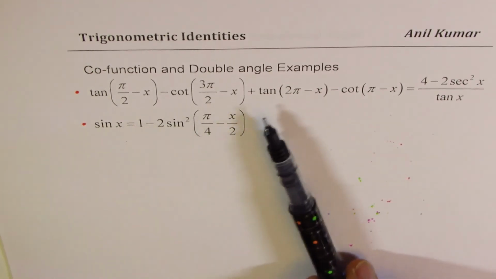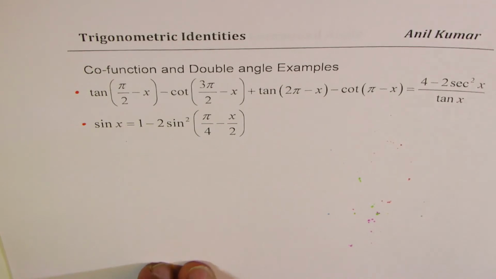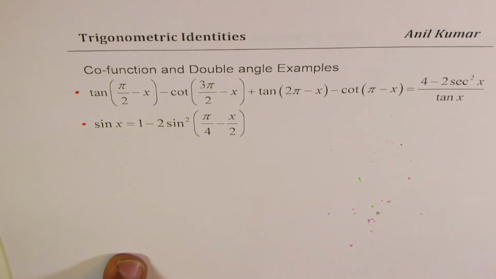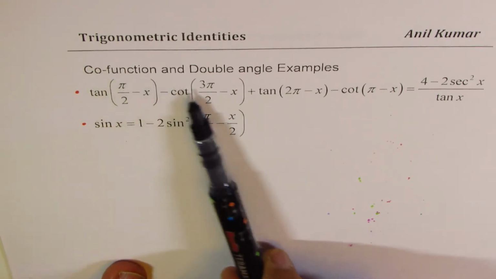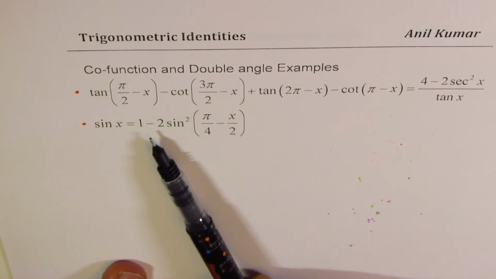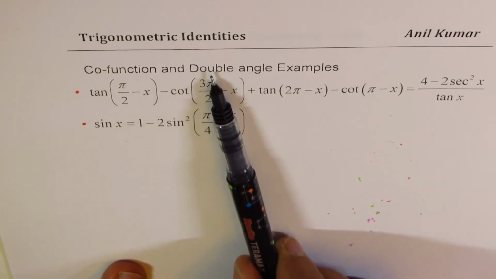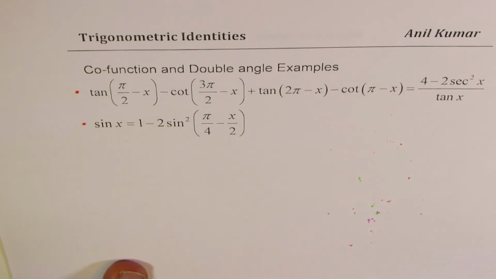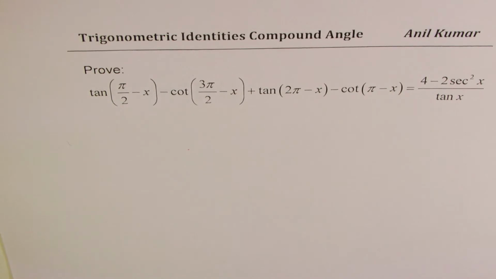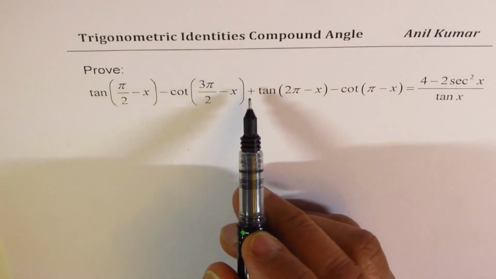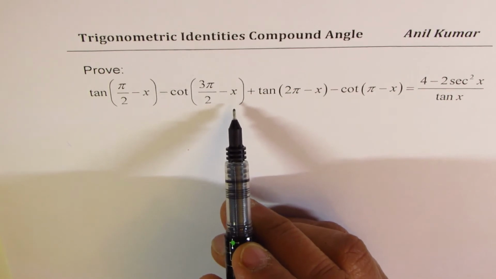Okay, before getting into the identities, let me complete the first one here. This involves cofunction identity. Then we'll get back to the second one, which involves double angle. Okay, so continuing with cofunction, let me move on and take up the identity relating to cofunction and correlated angles.